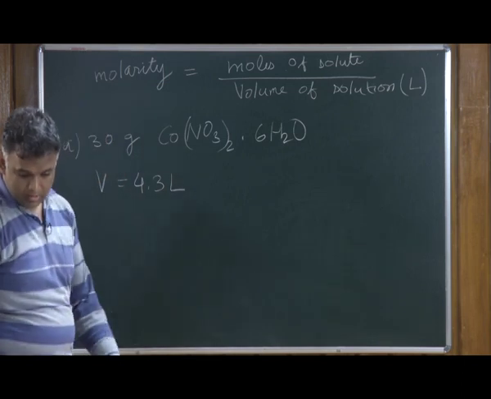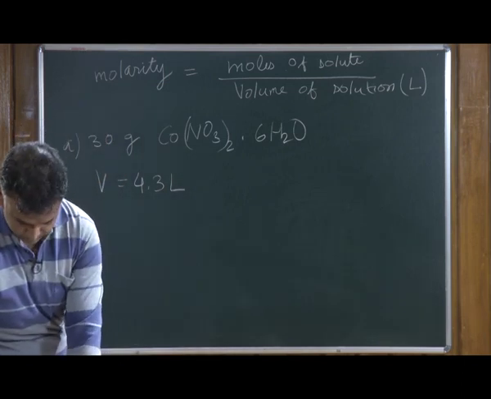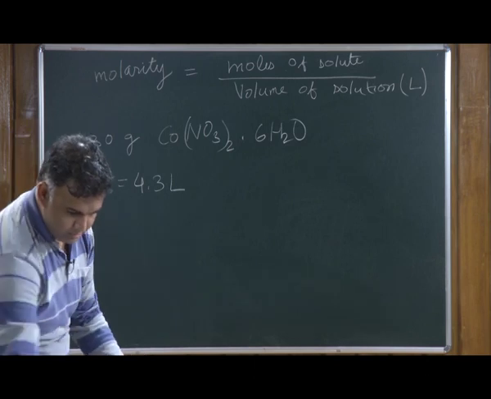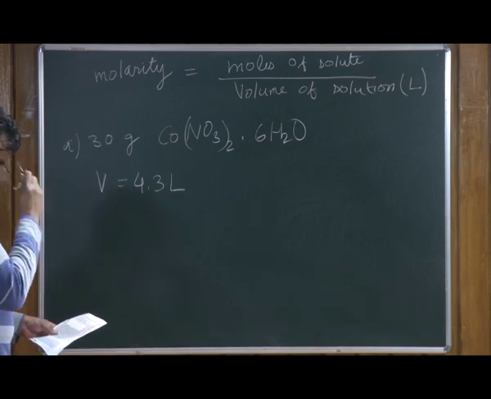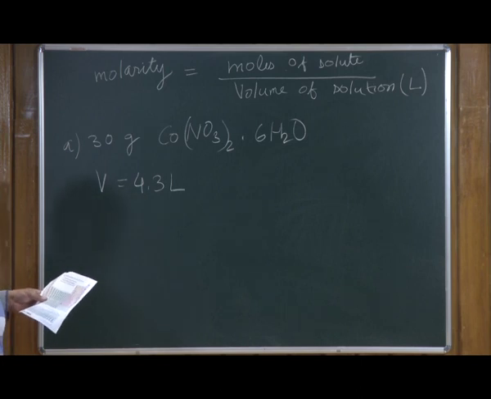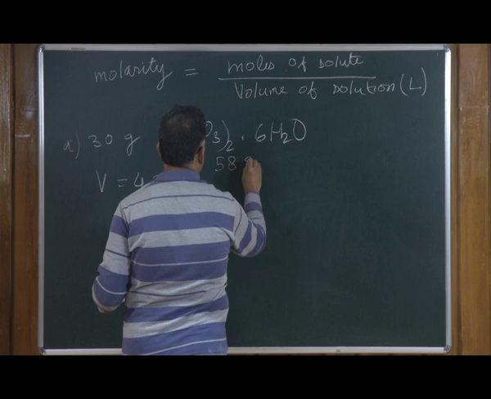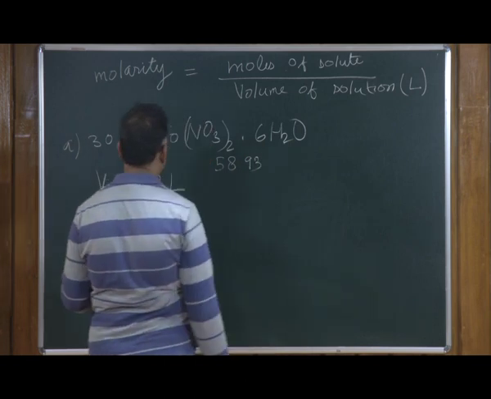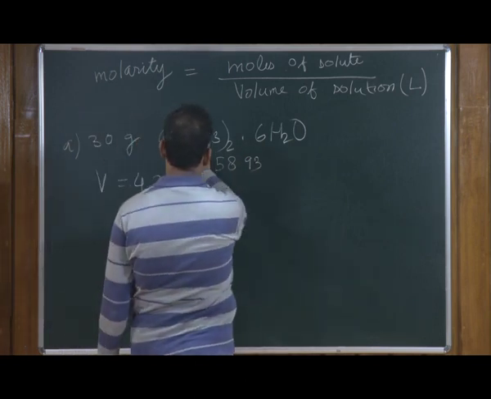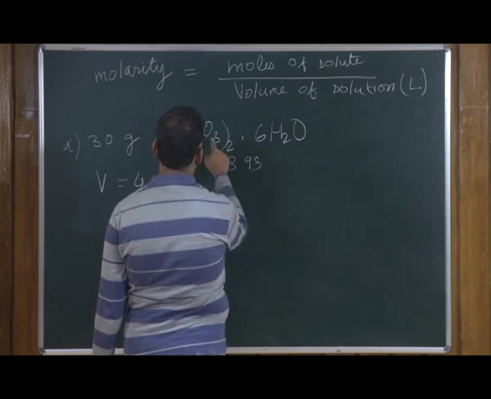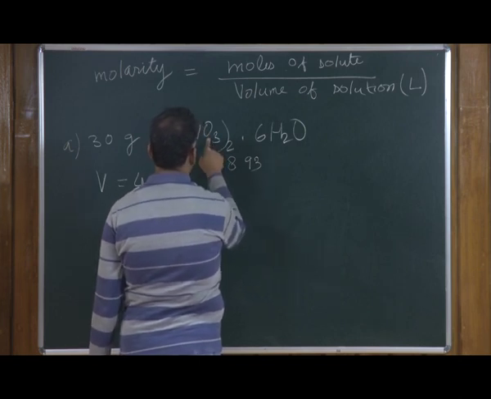So, to calculate moles of solute, we need to divide this weight of solute by molecular weight of this solute. So, let us use the periodic table to find out the atomic weight of cobalt, that would be 58.93. So, 14 plus 3 oxygen 48.